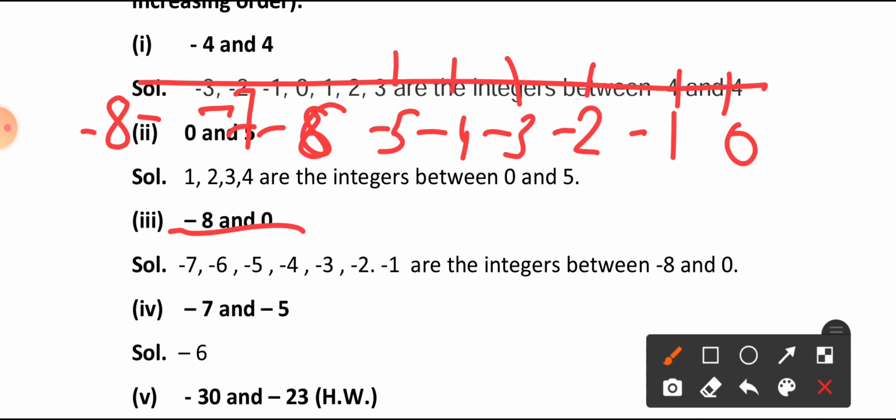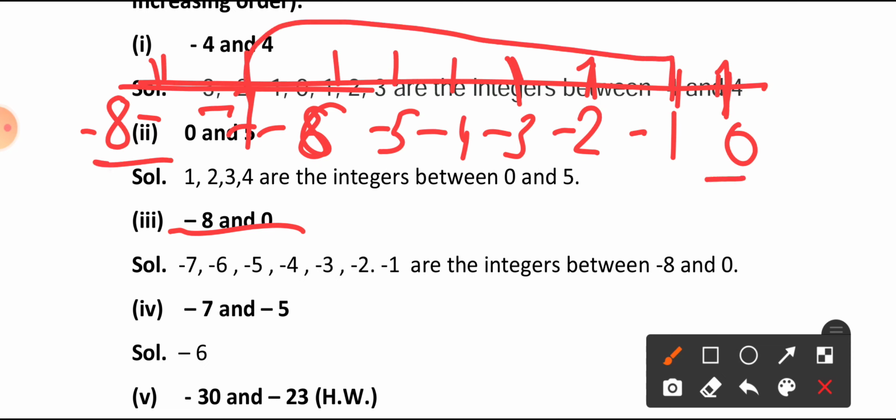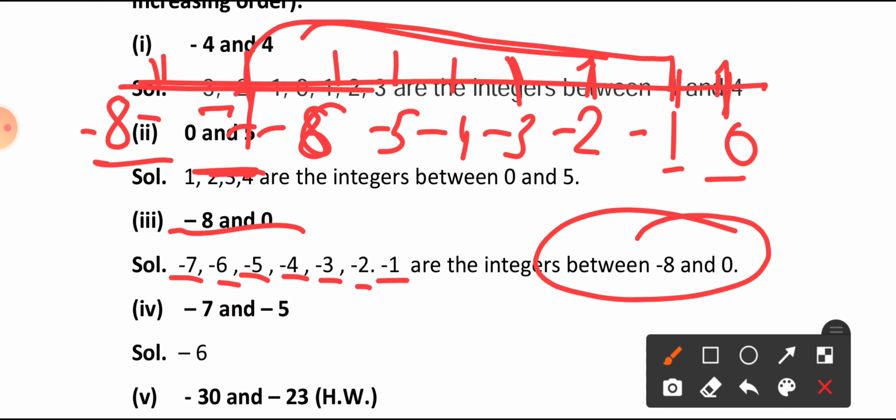If we go to the left-hand side from the center point 0, here it will come minus 1, minus 2, minus 3 till minus 8. Now we have to see which integers come between 0 and minus 8. These are the integers, and we have to write them in increasing order, means smallest to greatest. So the smallest is minus 7, minus 6, minus 5, minus 4, minus 3, minus 2, and minus 1. And these are the integers which come between minus 8 and 0.